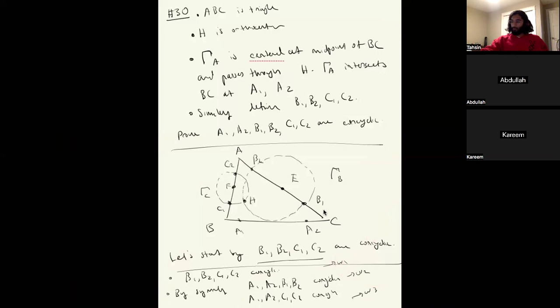Omega 1 is this circle that passes through B1, B2, C1, C2. So I'm asking, let's say that B1, B2, C1, C2 and A1, A2, B1, B2 are not the same circle. Then they're different and they have a radical axis.